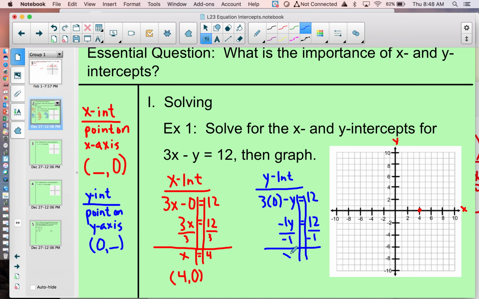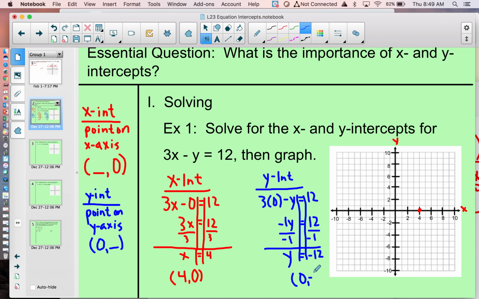And here's where we're at. We're at y equals negative 12. And here's what we have: 0 for our x, and then a negative 12.